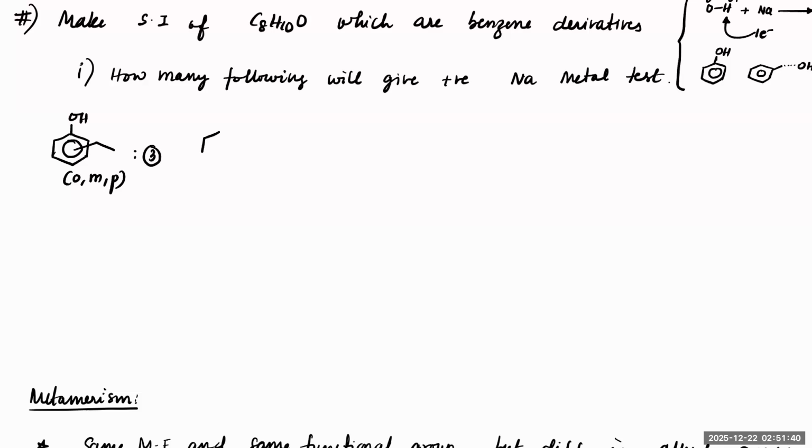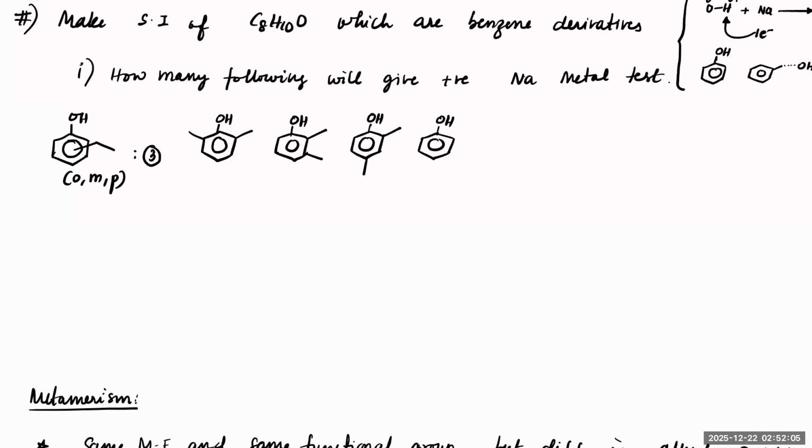possibilities. Next one, I can keep this phenol with 2 methyl groups like this, 2 at ortho. I can keep one ortho, one meta. We can keep one ortho, one para.